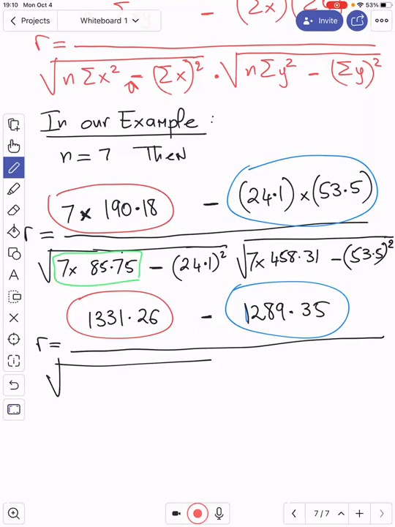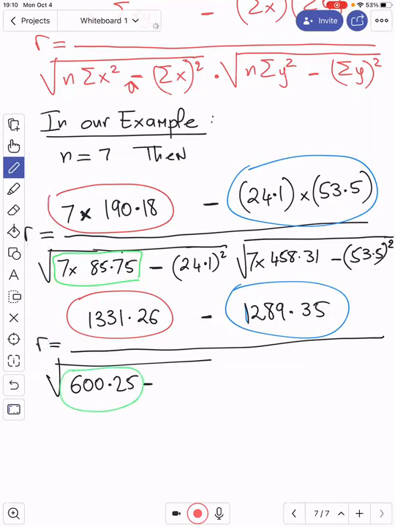So that would be, I think, 600.25, minus, all right. Let me just circle this thing here.